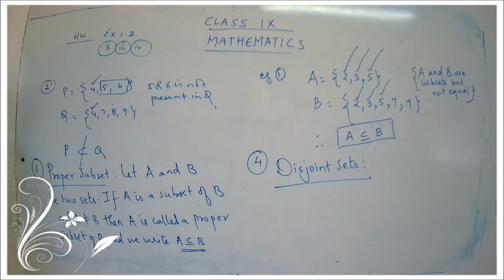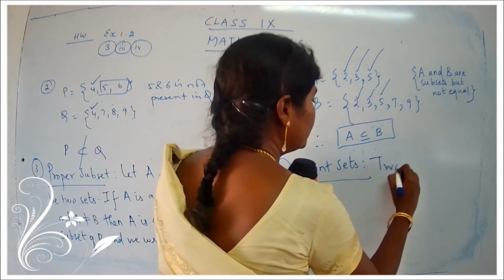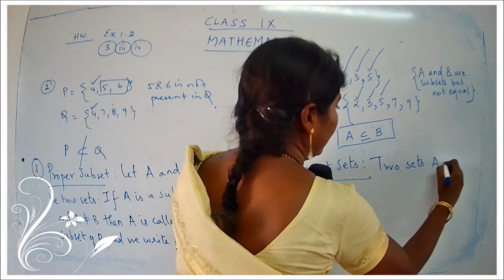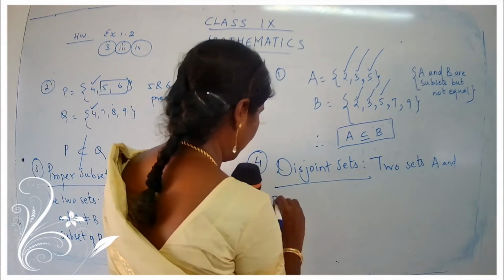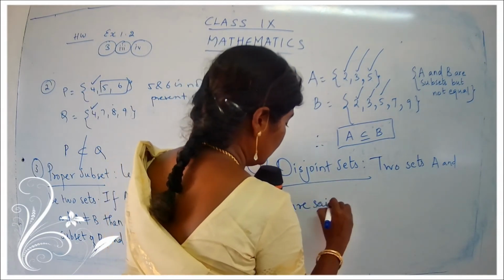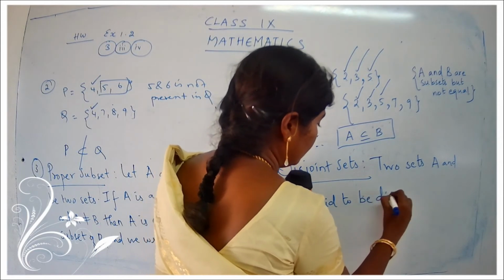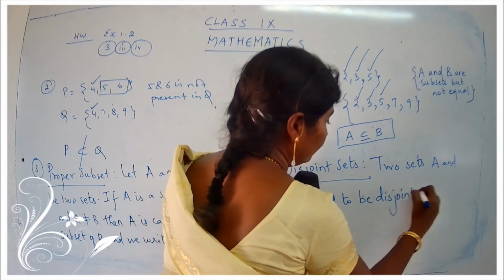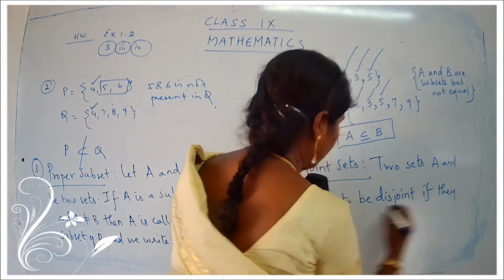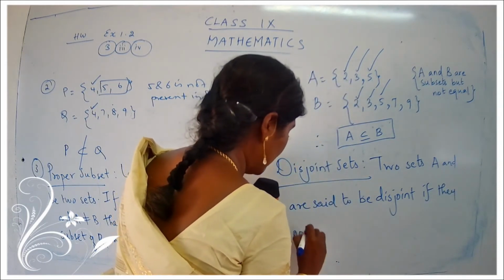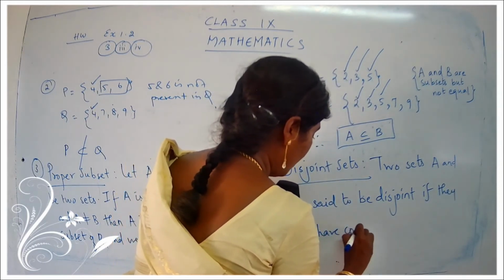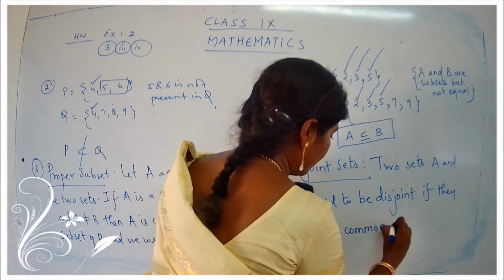Two sets A and B are said to be disjoint if they do not have a common element.